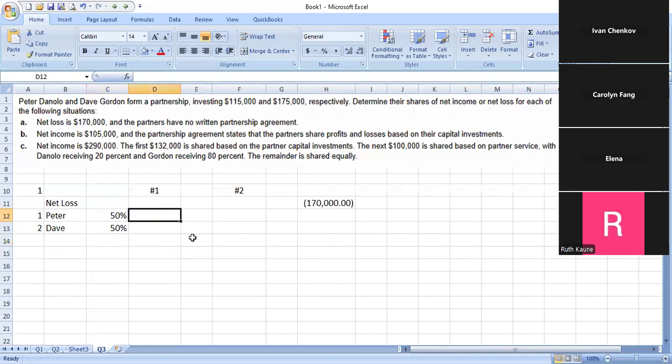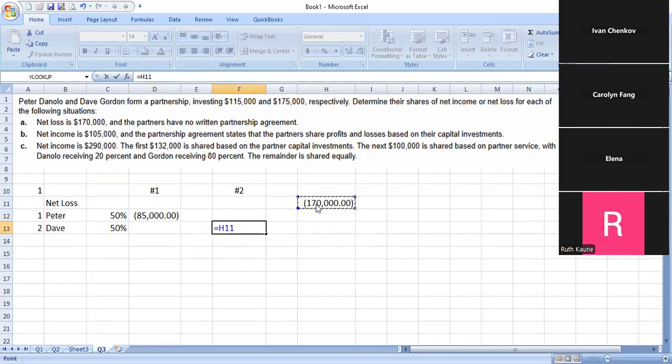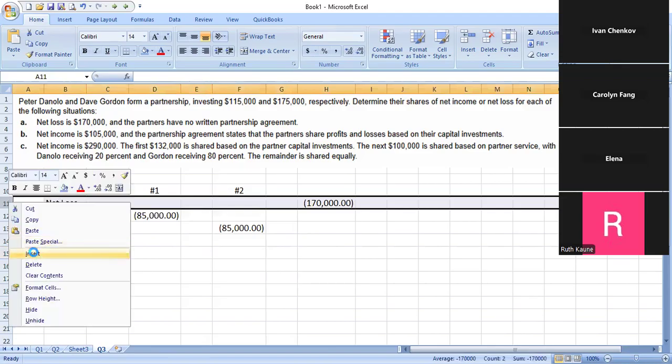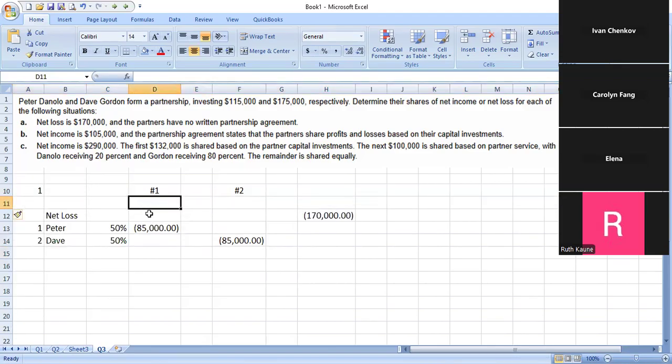So how much is Peter going to get? Peter gets this one times 50%, and Dave gets exactly the same amount, this one times 50%. Now the question is the total. How much does each get? Number one is Peter, and number two in this case is Dave.